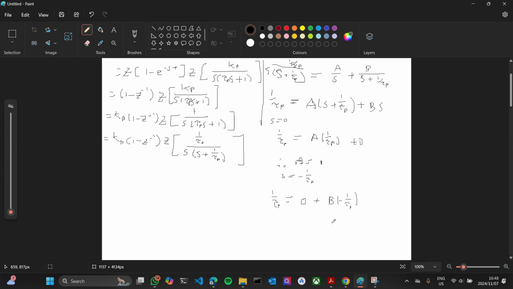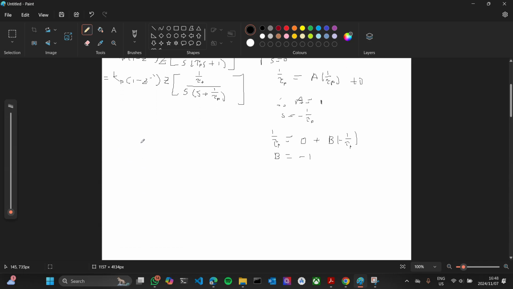Cool. Then again, do the same thing. Multiply both sides now by negative tau p, which means that B is equal to negative 1.